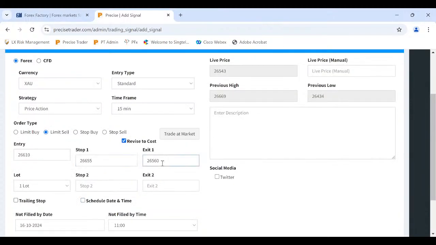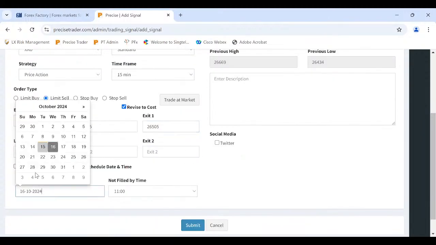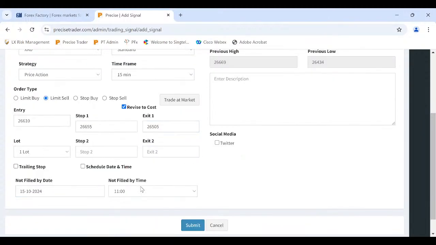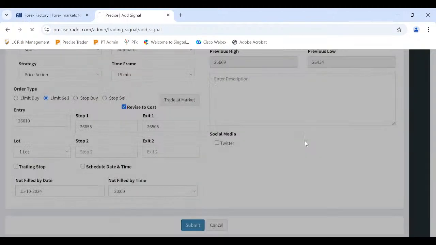Then target is 2650.5. So we are trying to make about 100 pips on this. The expiry for this, we try to put in until this time belt is over, which is 19 hours. So maybe we'll try to put in 1 more hour, so 20 hours, then we let it work.